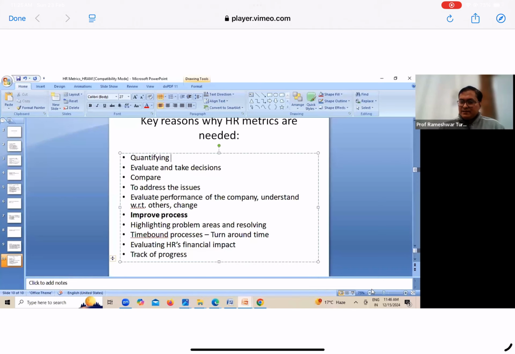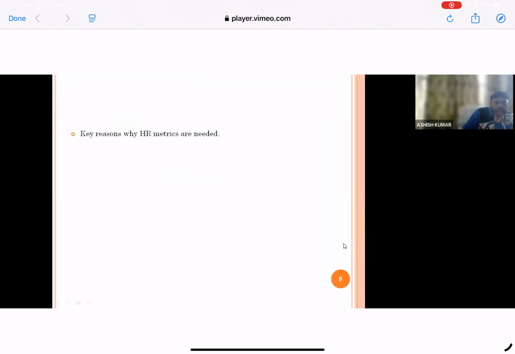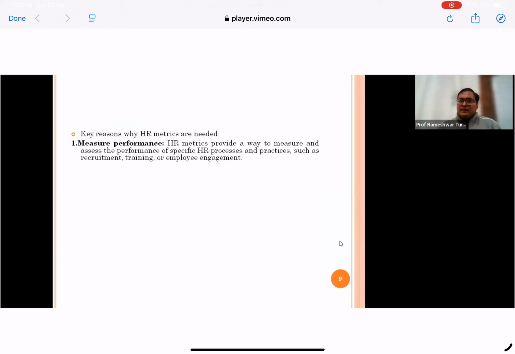Yes, very good. For R&D, for everything. So first, as Ashish Kumar pointed out, it helps us to measure and quantify, because many times there is an allegation that whatever HR does is in the air and HR doesn't contribute. So it helps us to actually measure something.